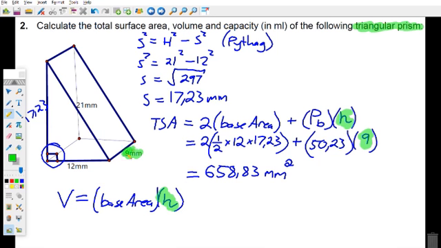It's the thing that's making it into a prism. So we're going to say half times 12 times 17.23, and then my height is going to be 9. So work that out.